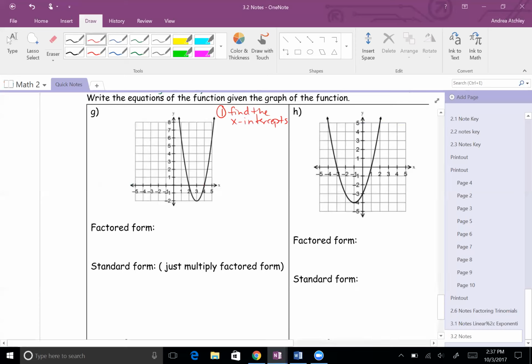Okay, so that's at 4 and 2. So I have f of x equals, now I don't know if I have something in front of it, so I'm going to leave a little blank there just to see what number's in front there. I do know, though, I need to change the sign, so it should be -2.